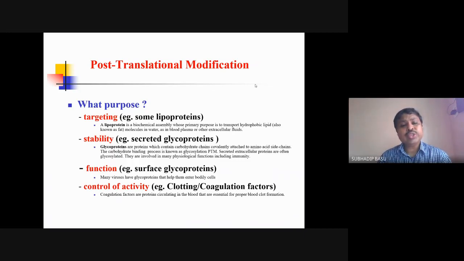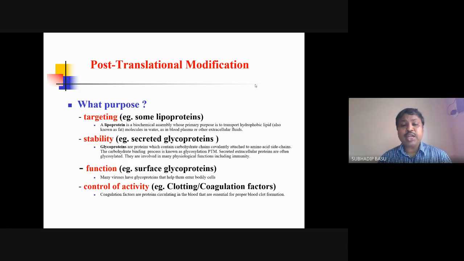There are many different functionalities, and we'll just try to brief these functionalities with one or two examples here and there. So for example, for targeting. PTMs are used for targeting, for example, in the case of lipoproteins.